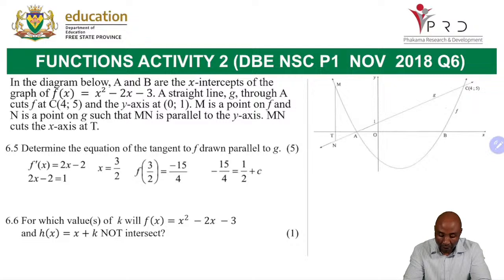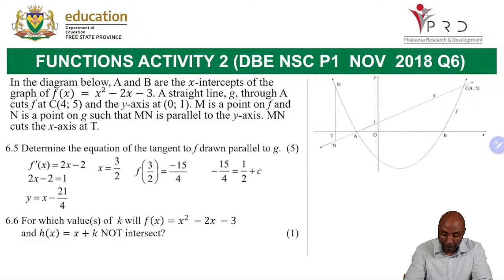That becomes our y value. Our gradient is 1. We substitute c, and we get our equation as y is equal to x minus 21 over 4. And then from there on, we have the equation of the tangent parallel to that point.